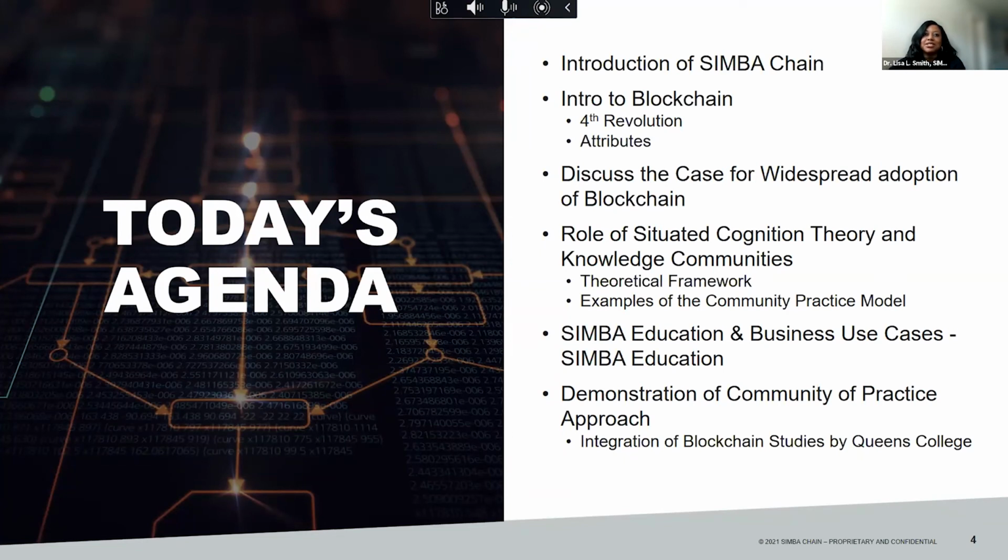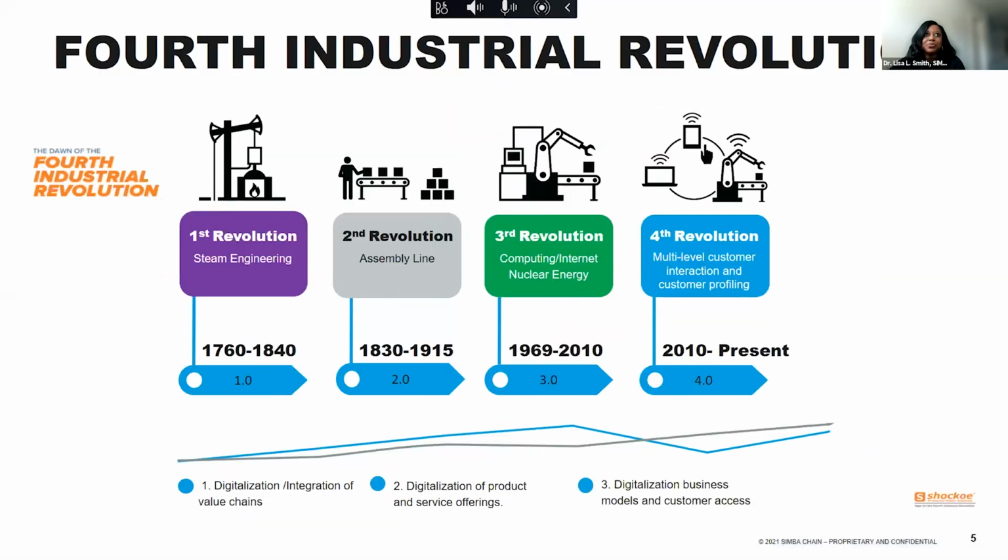Finally, we will end the presentation with academic use cases for SIMBA's development of smart contracts, covered by my colleague Alex, and how it has been used within academia as a part of a community of practice model by one of our partners, Dr. Joan Nix at Queens College.